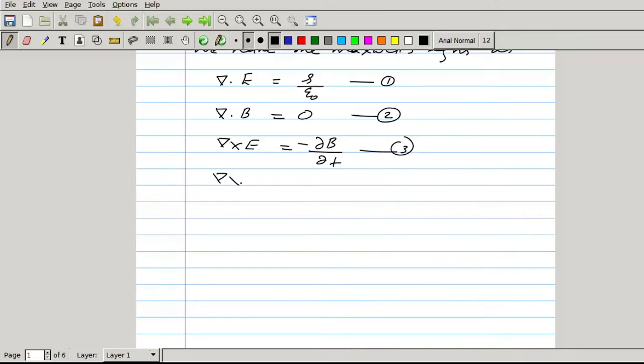Then del cross B is equal to mu 0 J plus mu 0 epsilon 0 dou E by dou t. These are the four Maxwell's equations, and now we discuss the Maxwell's equations in matter.